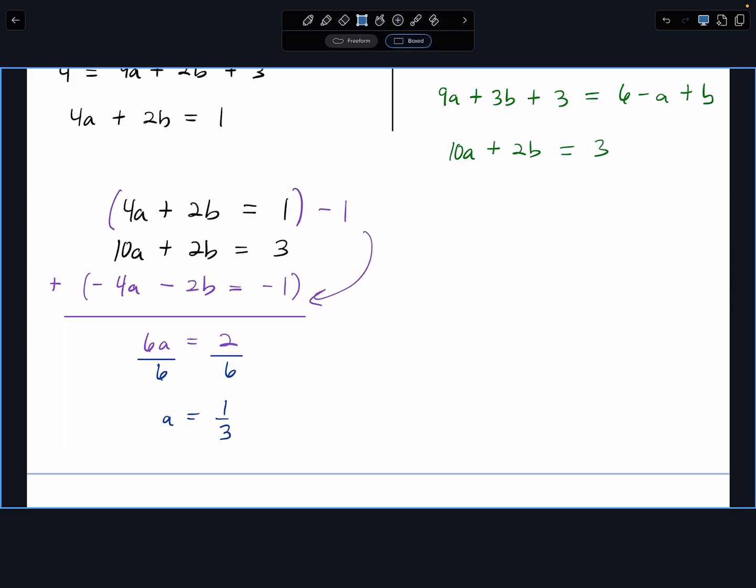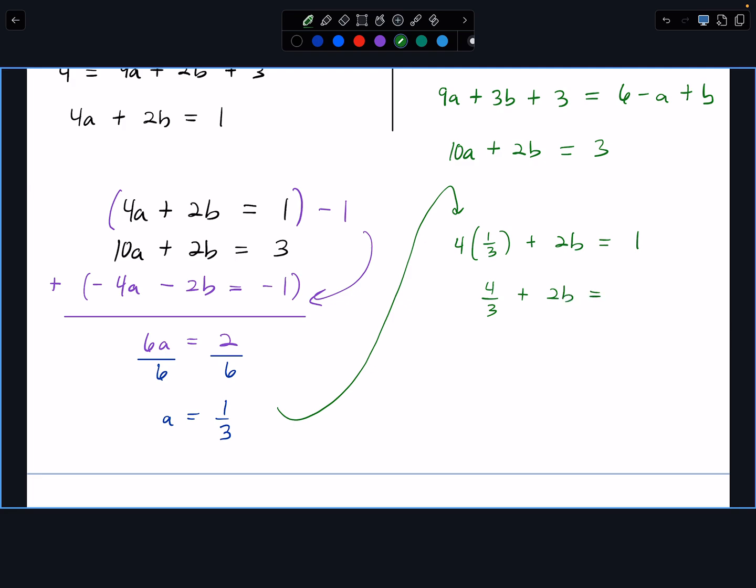Okay. Now I need to plug it back in to find b. Does it matter which one I plug it into? No. So I'm going to say 4 times 1/3 plus 2b is equal to 1. 4 times 1/3 is 4/3 plus 2b is equal to, I'm thinking ahead.